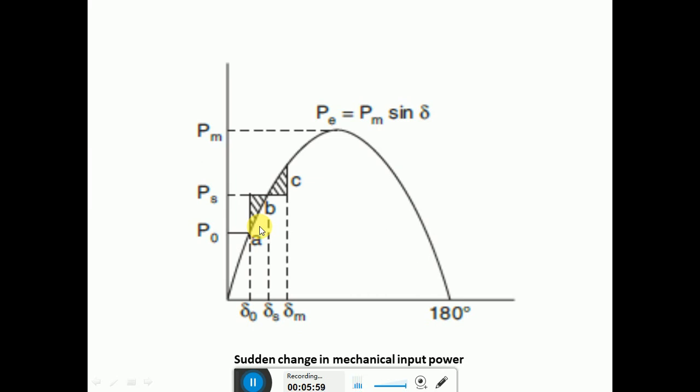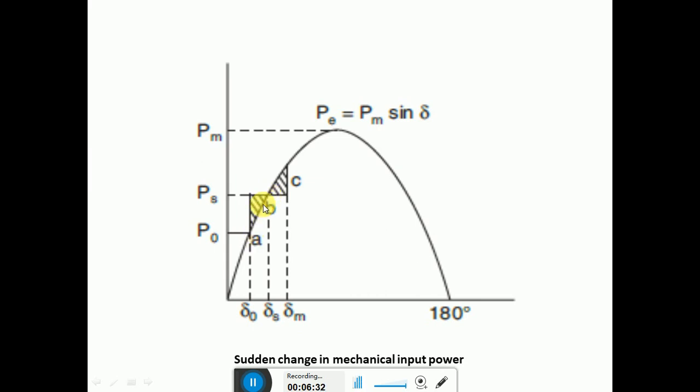Once the machine accelerates, the load angle will increase, suppose till point B, and at B the mechanical power is this much and suppose the angle is delta S. Moving from this point to this point, the machine is accelerating.